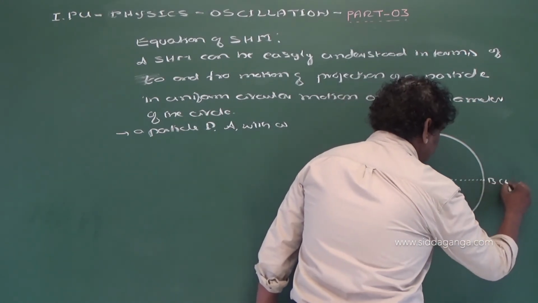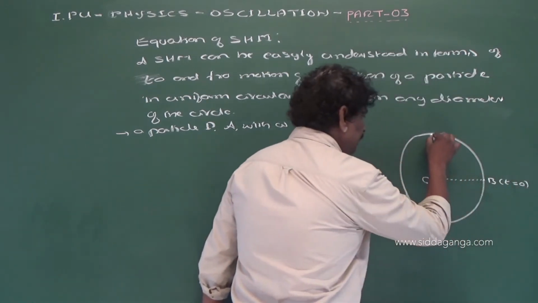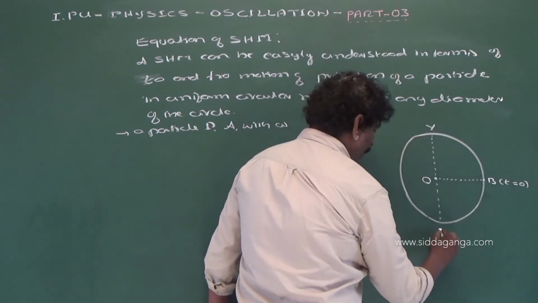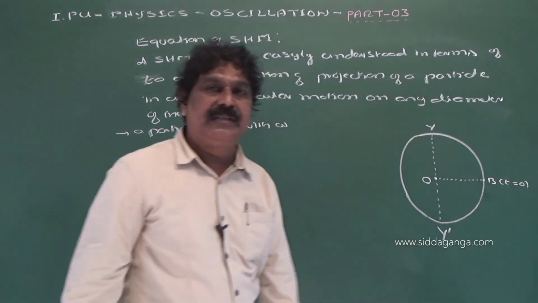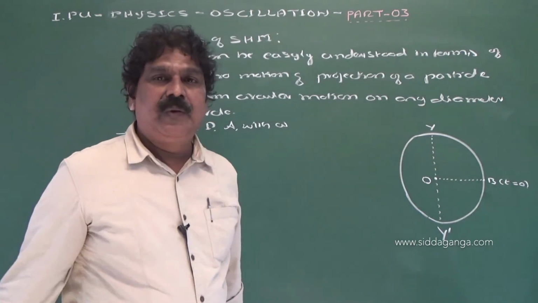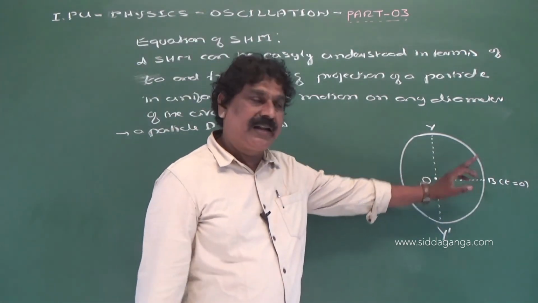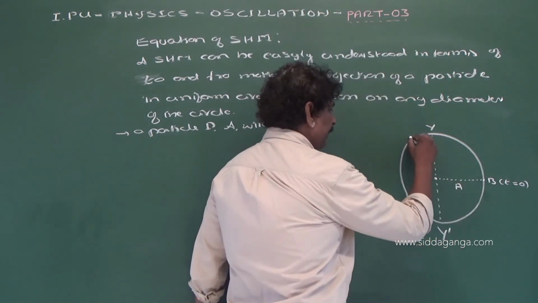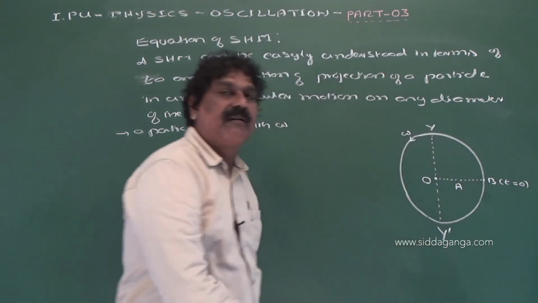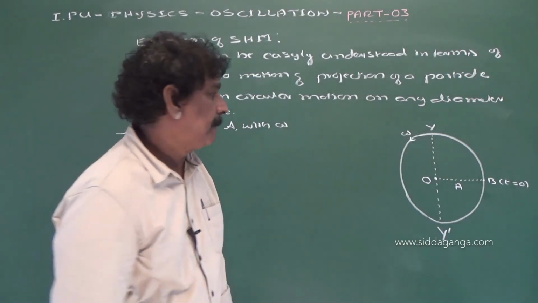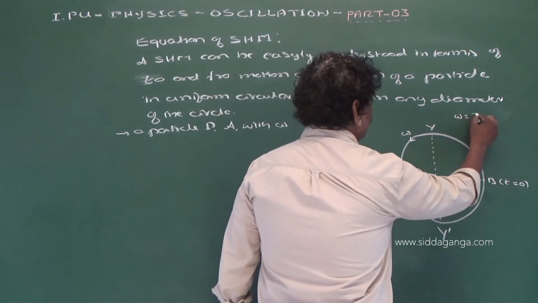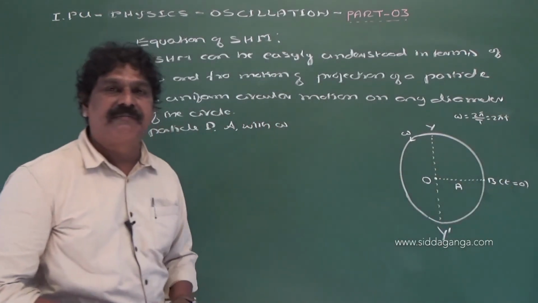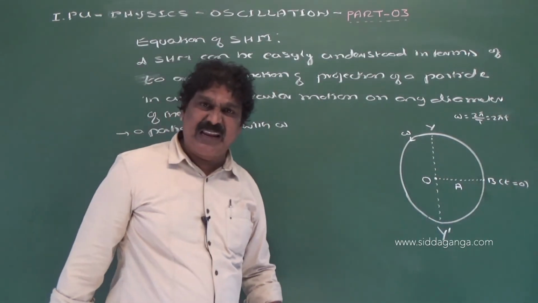B is the position at any instant of time t is equal to 0, and YOY' is the diameter. Now, the radius is A and the particle is moving with the constant angular velocity omega, that omega is equal to 2 pi by T or it is equal to 2 pi f, where f is frequency, T is time period, right.